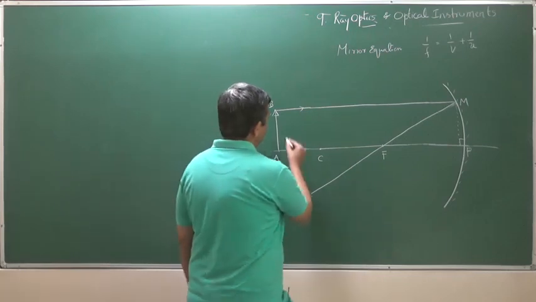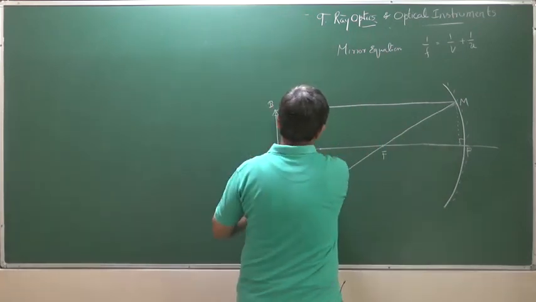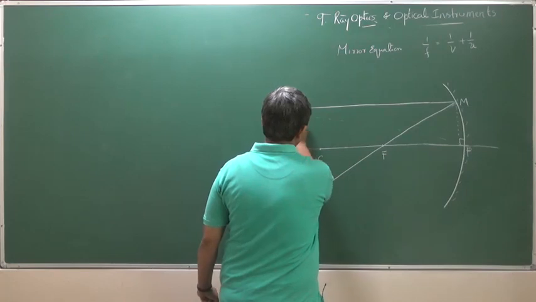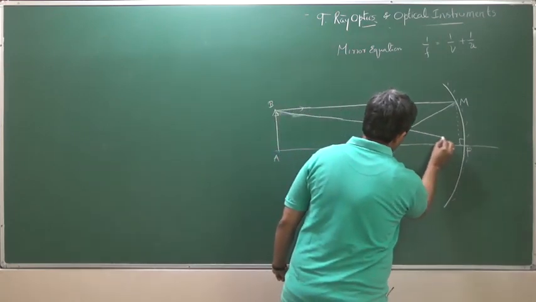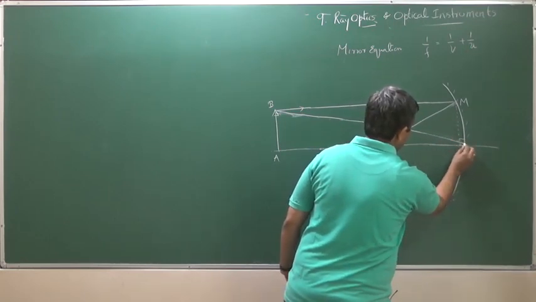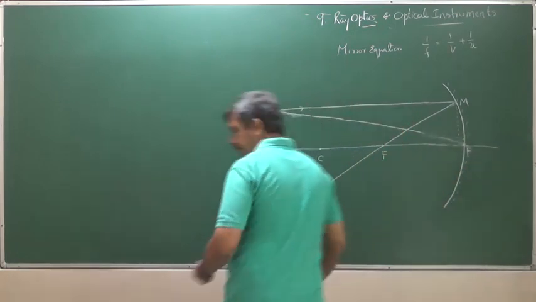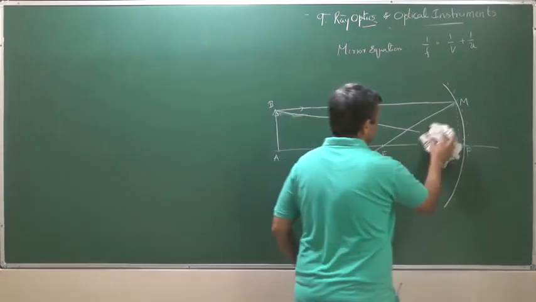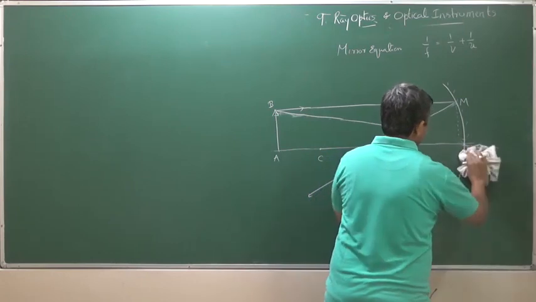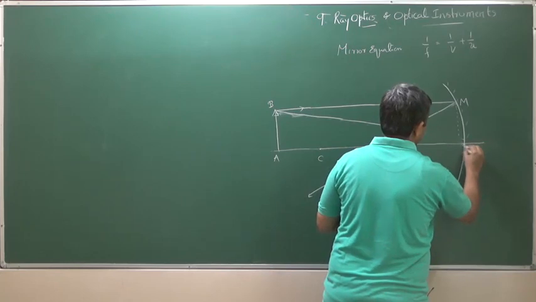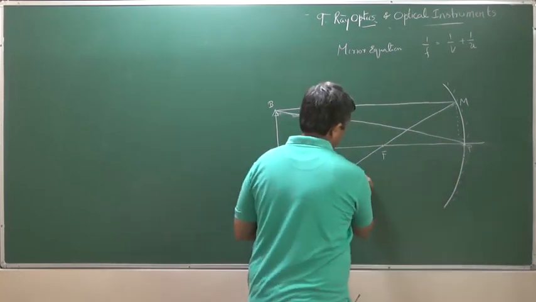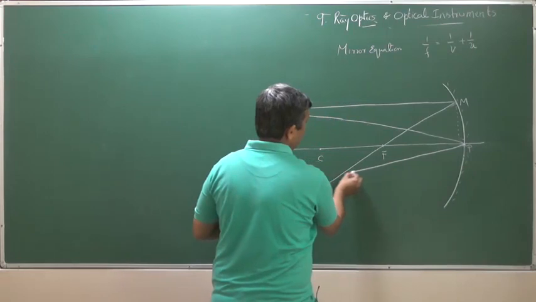And then one more line I will take, a second one, which again reflects. It goes to P and then reflects, like this.